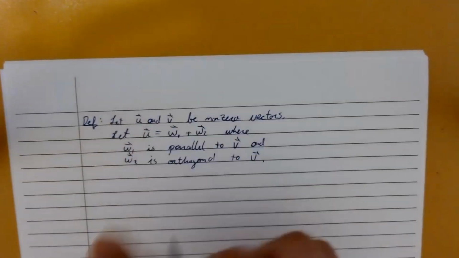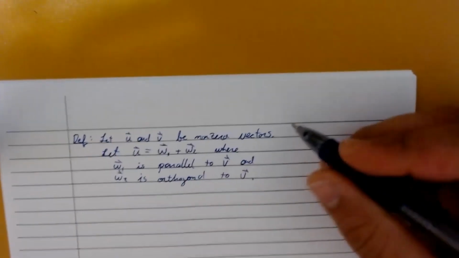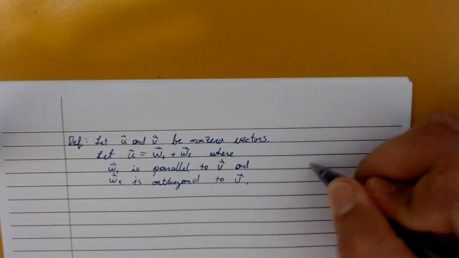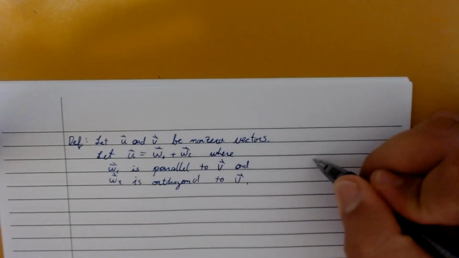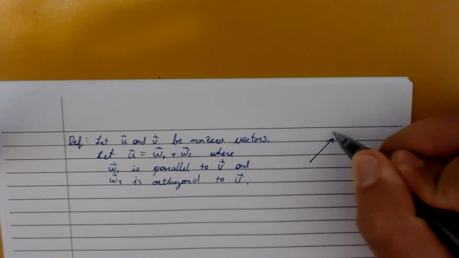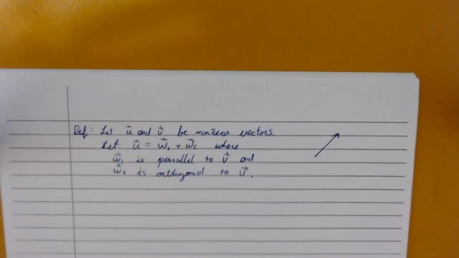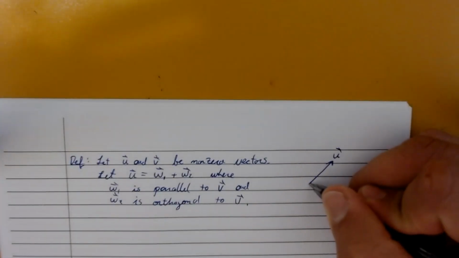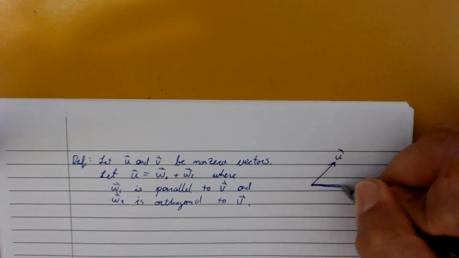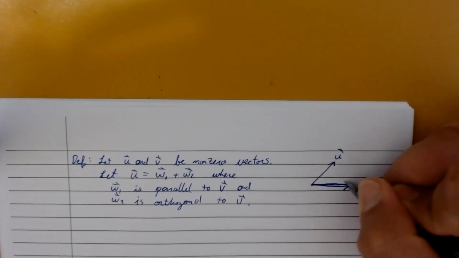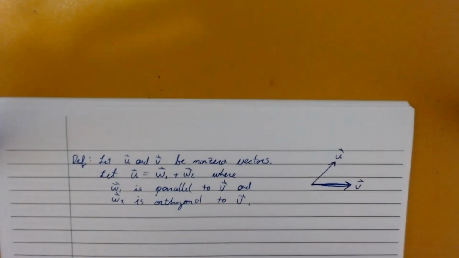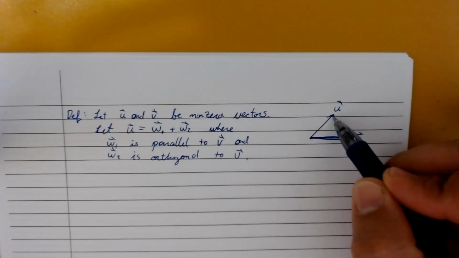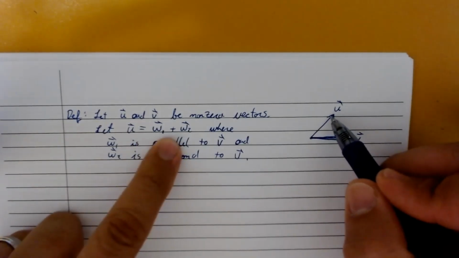Okay? Before we proceed to finish defining this, let's go ahead and illustrate what we have. Let's say we have a vector u and a vector v, and these are just arbitrary non-zero vectors. Any vector is fine as long as it's not a zero vector. So I'll call this one u, and I'll go ahead and call this one v. And v doesn't have to be horizontal like this. It's just, for the sake of illustration, it's easier for me if I just draw it this way. All right, now, this vector u is going to be such that it's made up of the sum of two other vectors.